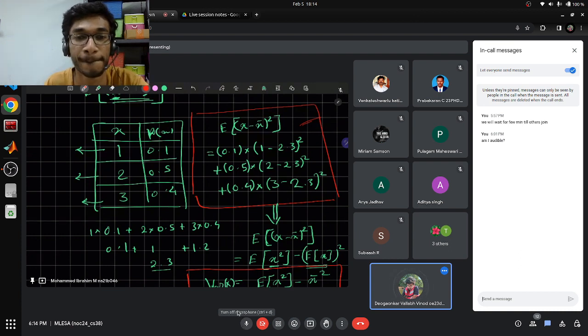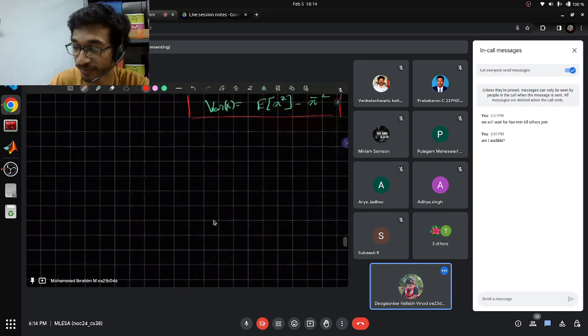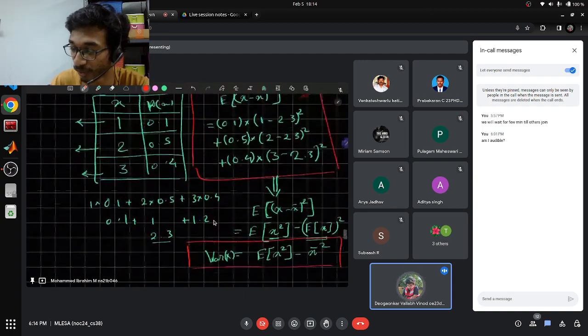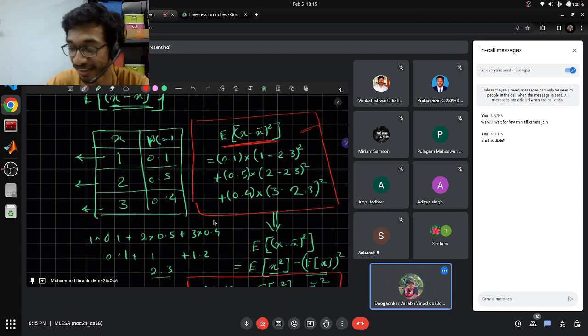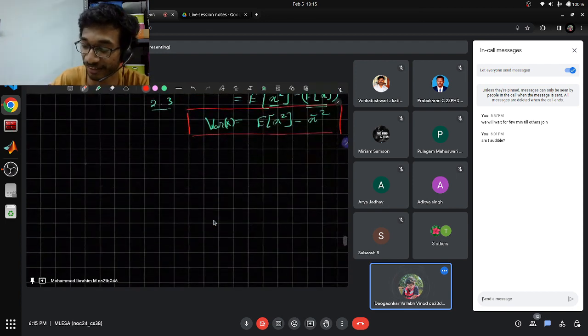Okay. Now we come to, let's say, the covariance. What we calculated before is the variance, which means how x is varying with respect to itself. And when you have covariance, let's say you have a variable x and a variable y.